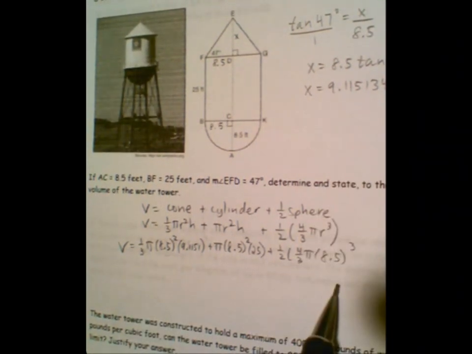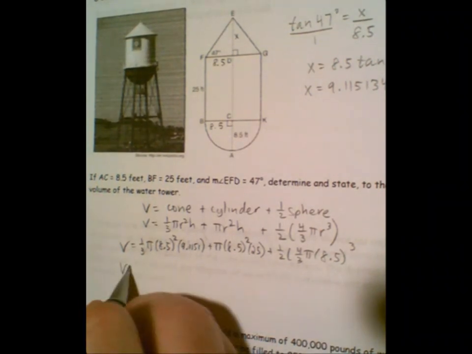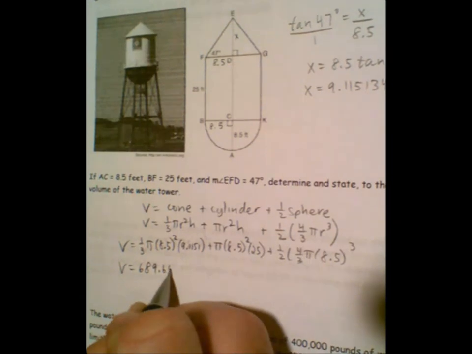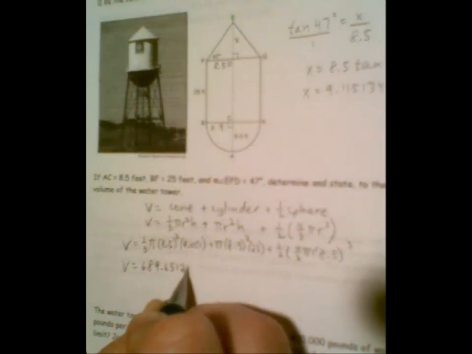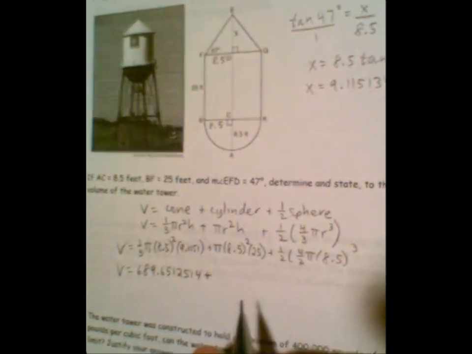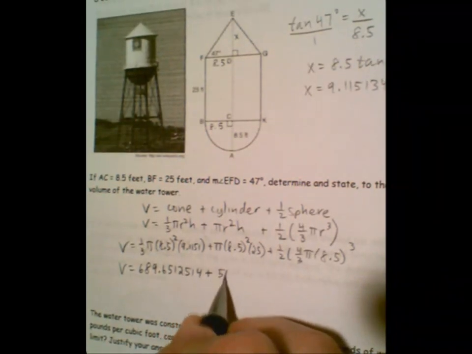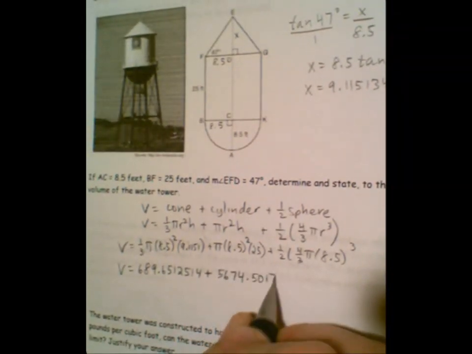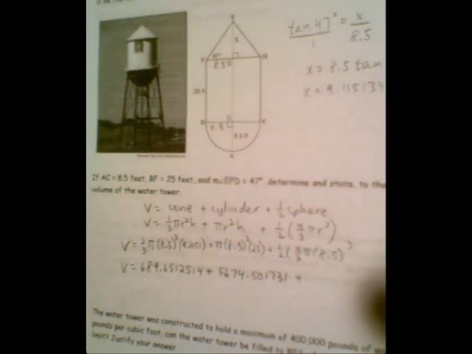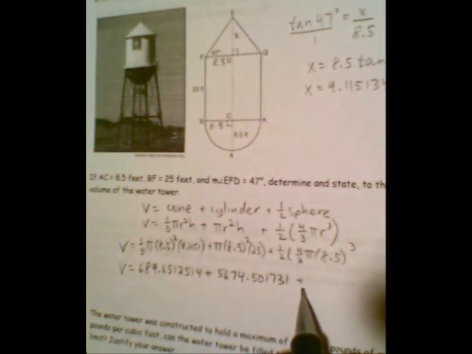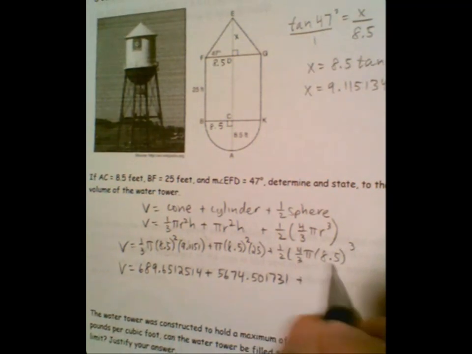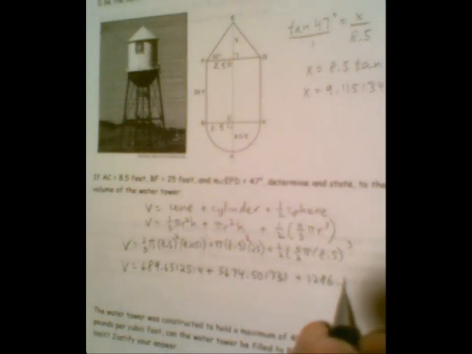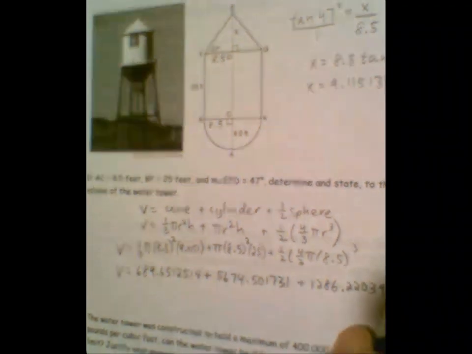Okay, you do this all out, you get volume is equal to 689.6512514 plus 5674.501731 plus 1286.220392.